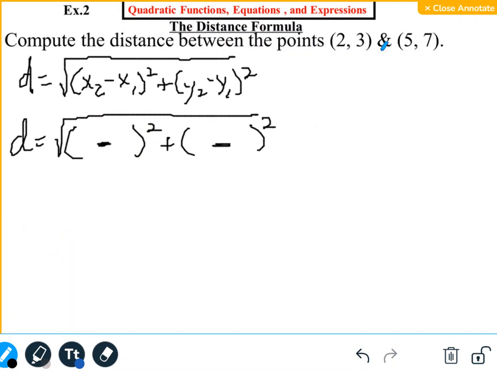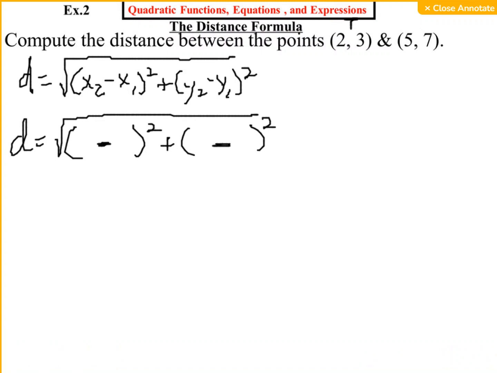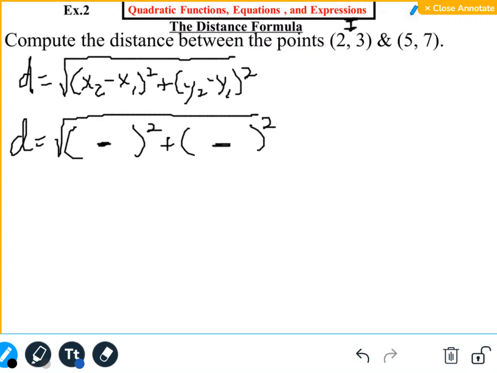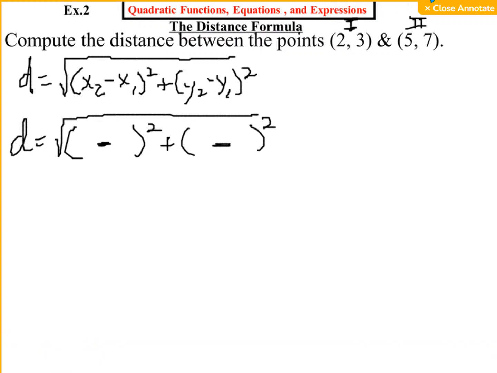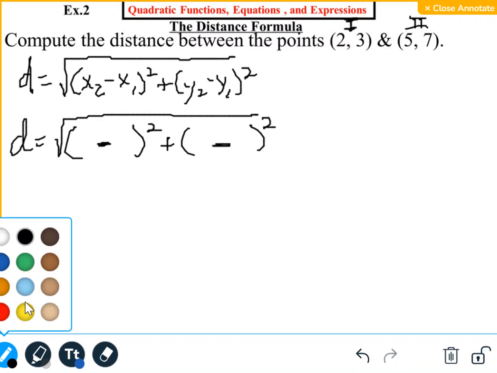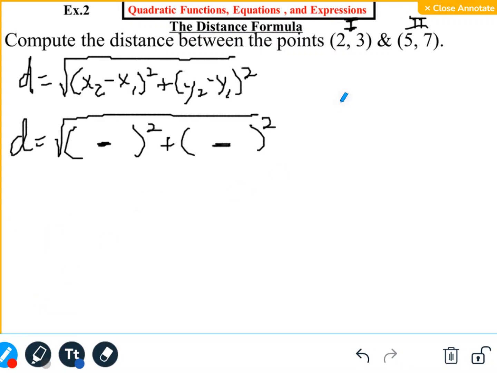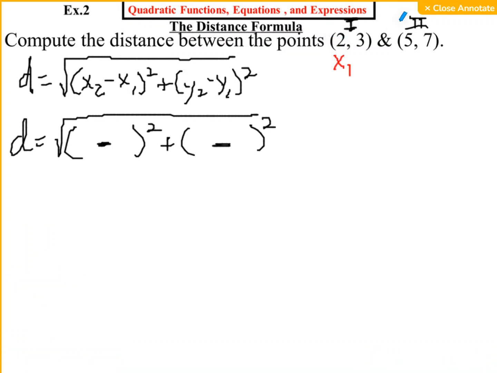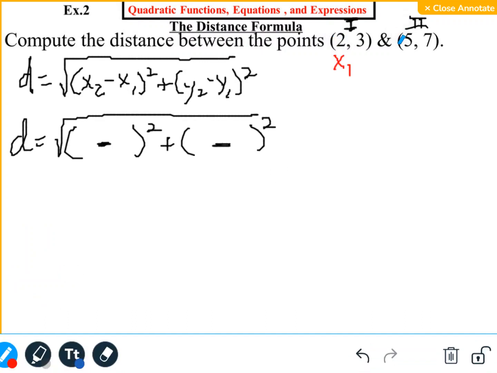All right, so assume by looking at these two coordinates that the first one, (2, 3), is point number 1. I'm going to put a little Roman numeral on top. And the second one is point number 2. That gives us stuff to label. If this is point 1, we label this x sub 1. And the other one, the 5, is x sub 2.